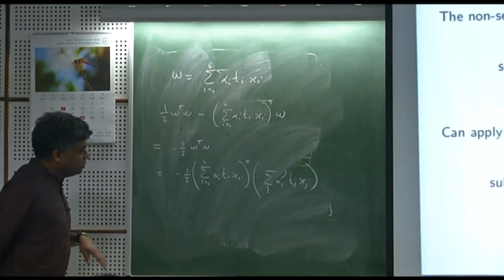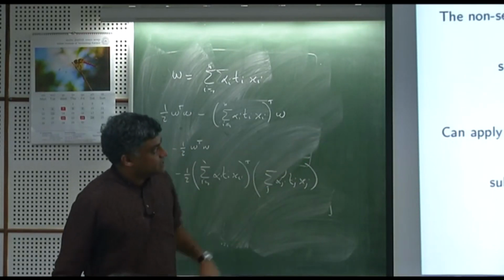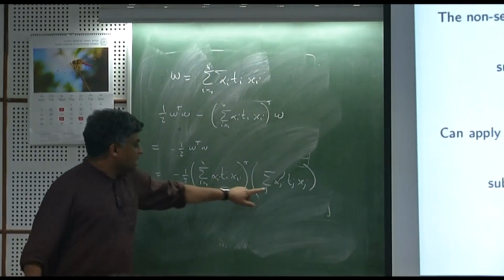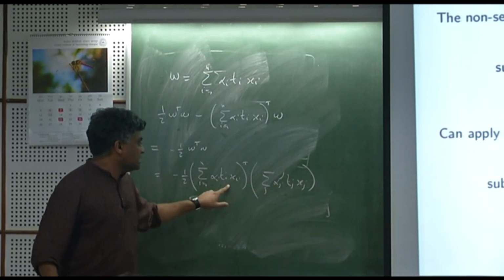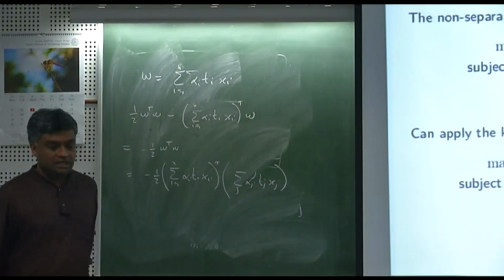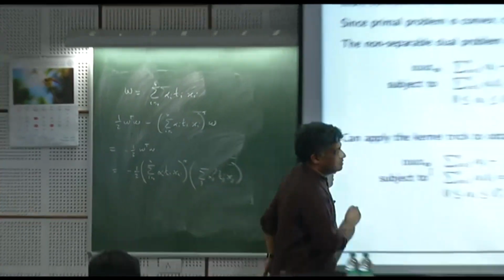If you write it out in gory detail, that's the term that is sitting there: alpha_i alpha_j t_i t_j x_i transpose x_j. That's what you end up getting as the calculation.